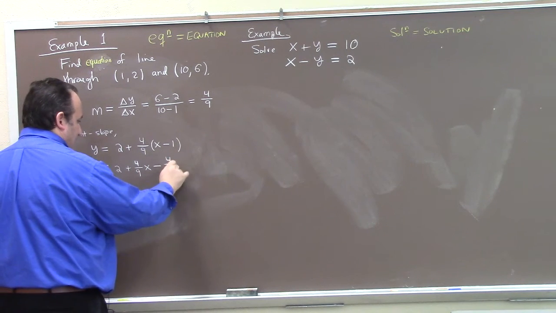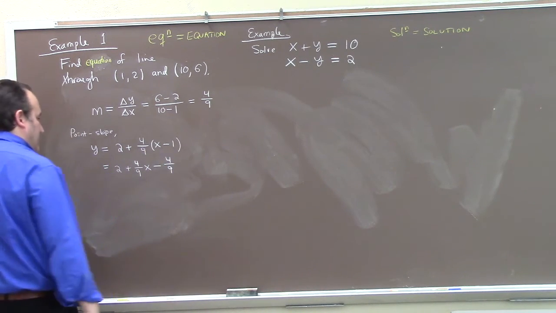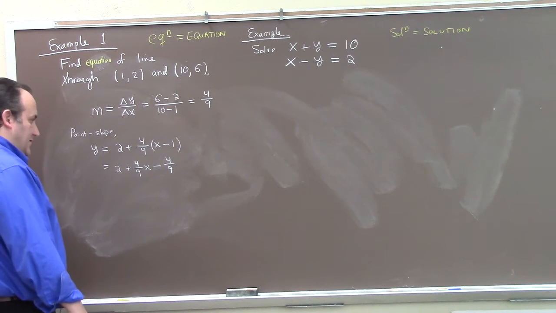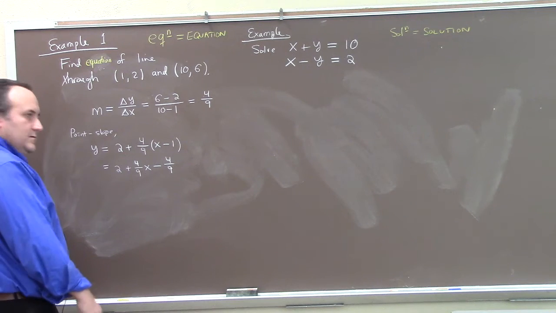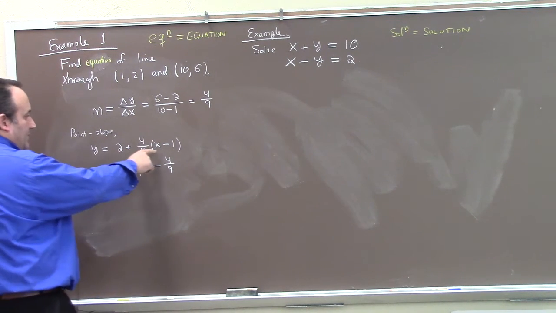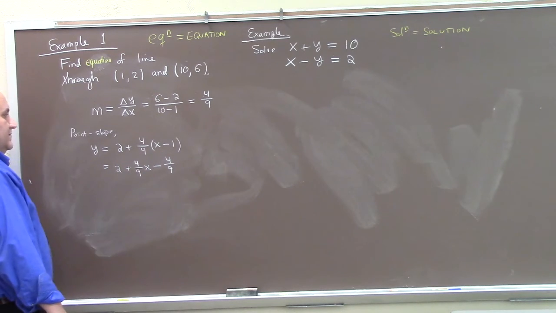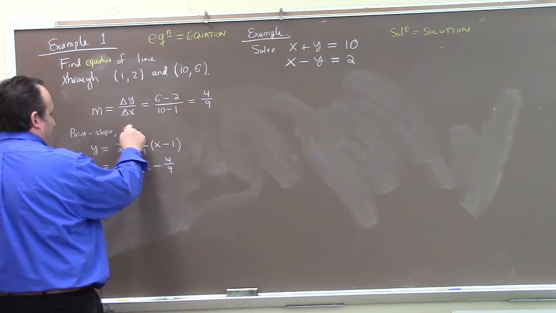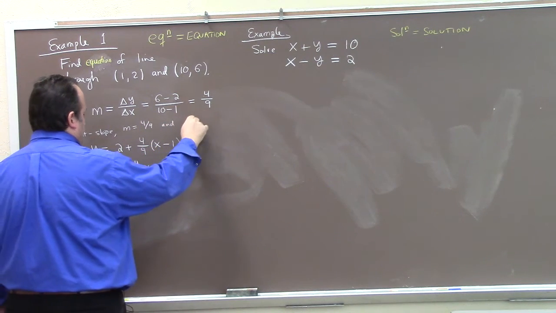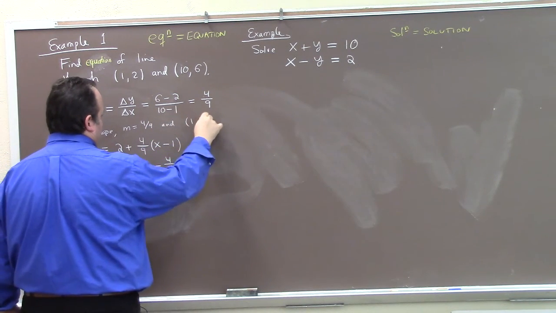What is 2 minus 4/9? How many ninths is 2? Well, it's 18 ninths. No, minus, because we got to do minus the, so it was m equal to 4/9 and 1 comma 2 for the point. Yeah.